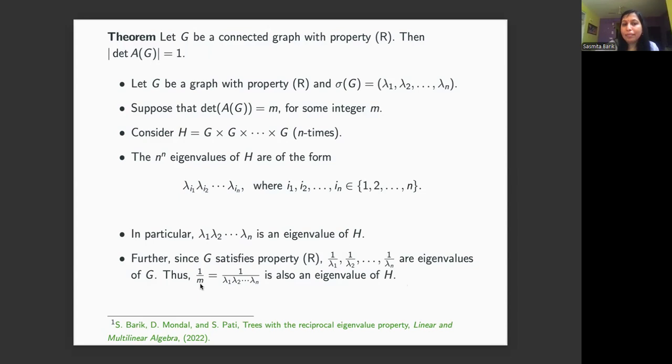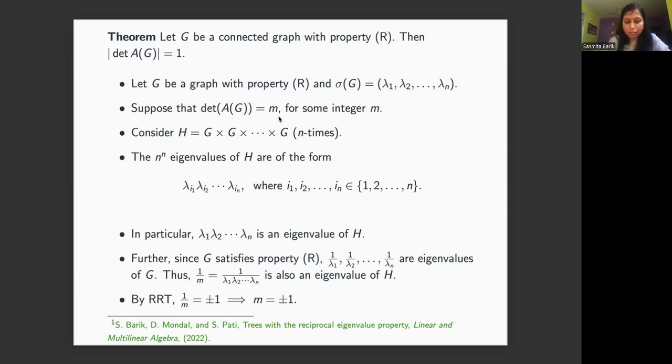So if 1 by m is an eigenvalue, then it must be an integer. That tells us that 1 by m is plus 1 or minus 1. That means m is plus 1 or minus 1. So if the graph satisfies property R, then the determinant must be plus 1 or minus 1.